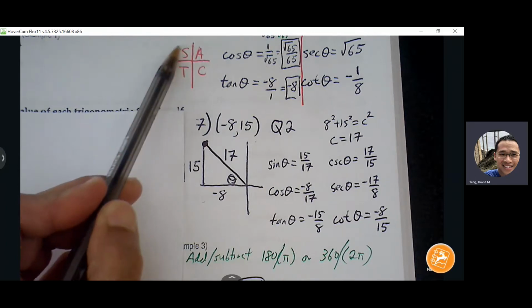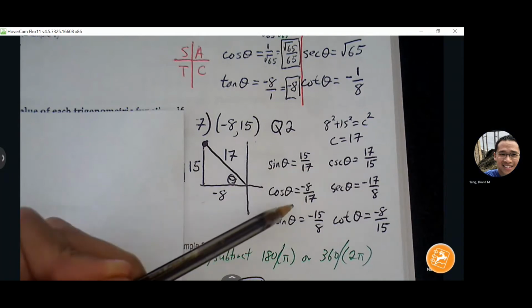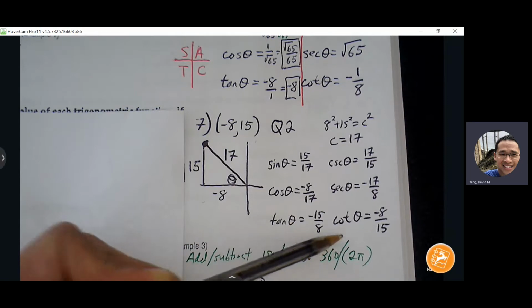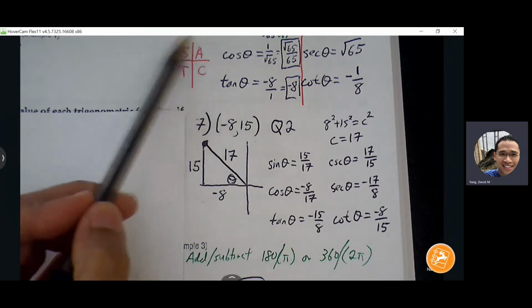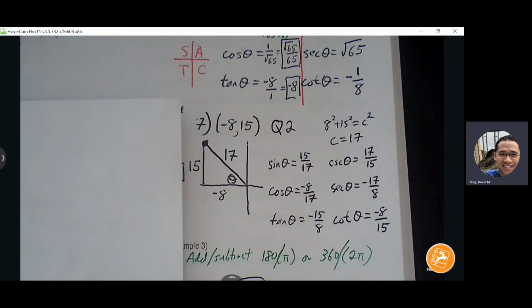Everything else should be negative. So sine and cosecant are positive. Cosine is negative, secant is negative, tangent is negative, cotangent is negative. So I like to always use this chart to double check myself, right? That we're consistent with what we expect in terms of the signs for each of the trig functions.